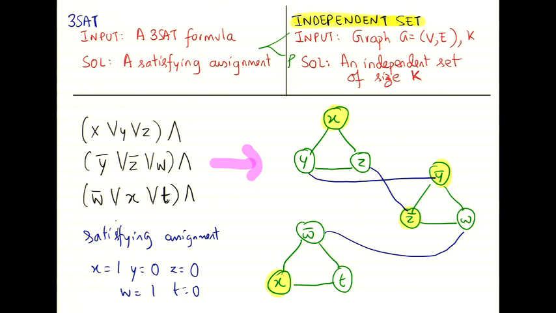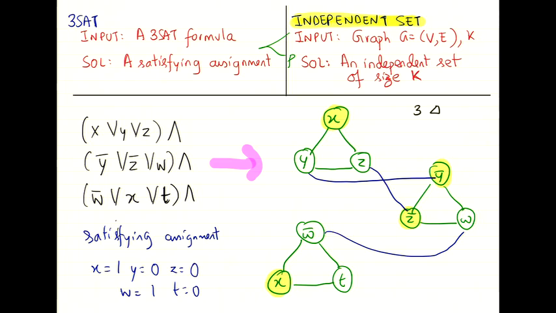I don't know the solution to this. We want to convert it into a graph. But we're just describing what happens in the reduction. All right, so what is an independent set? We want an independent set of size m. There are m triangles in this. So if there are 3 clauses, there are 3 triangles.